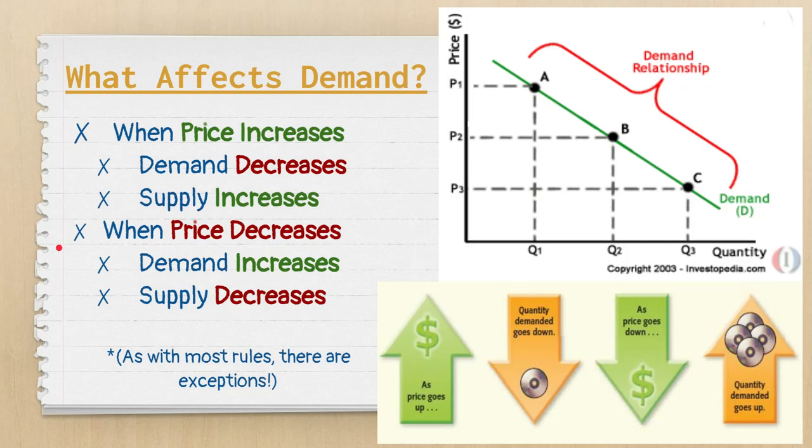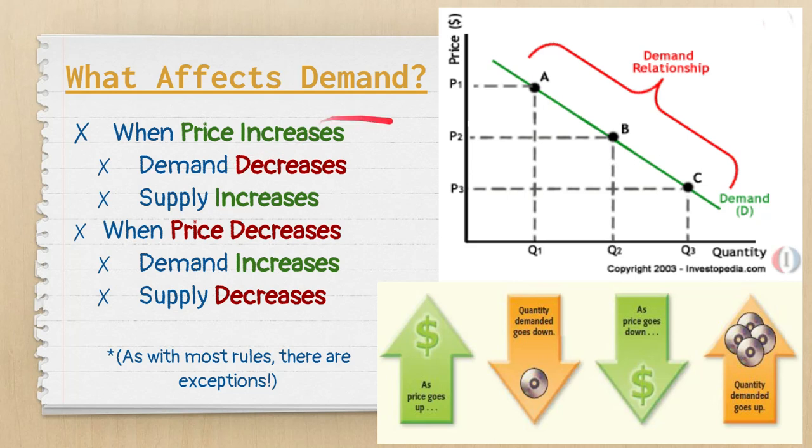So what affects demand? Well, think of it in terms of a latte or a coffee. Think about if you went to Starbucks and the price for your coffee began to increase. Well, as the price increases, your demand will go the opposite way.